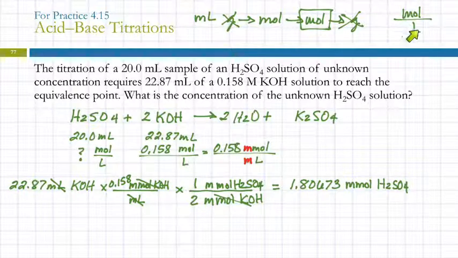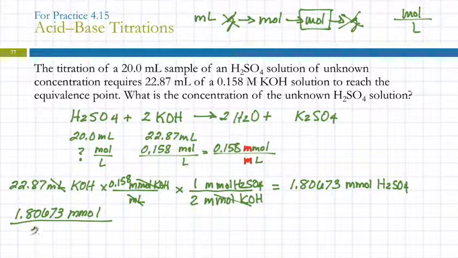Well, I want moles per liter. I need to use the volume here. What's the unit on the volume? Milliliters. So if I took my millimoles and divided by milliliters, oops, it's not a 0, it's a 1. 1.80673 millimoles. I'm going to divide by the volume, 20.0 milliliters.